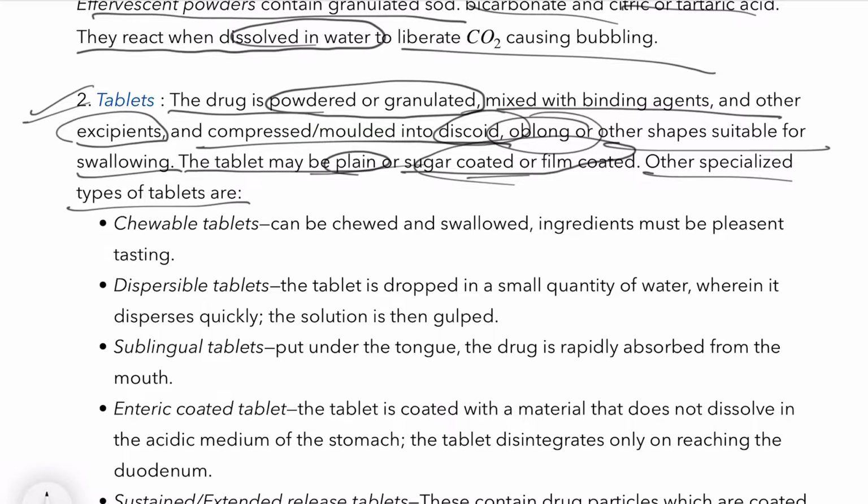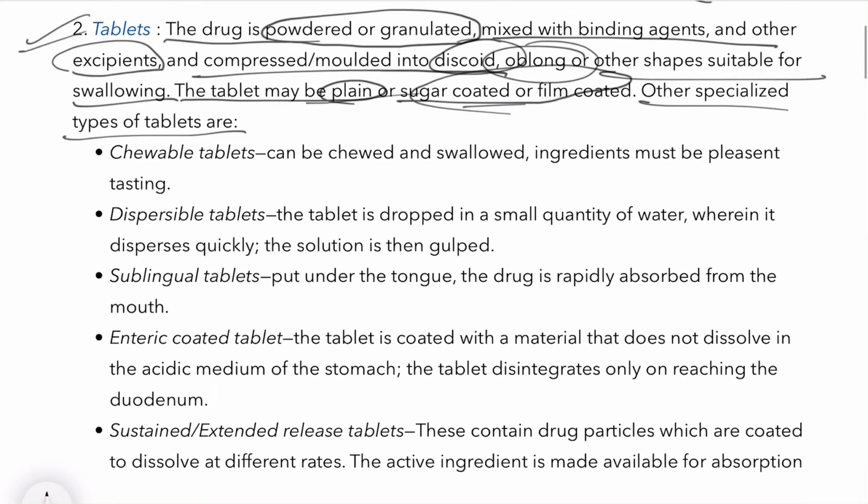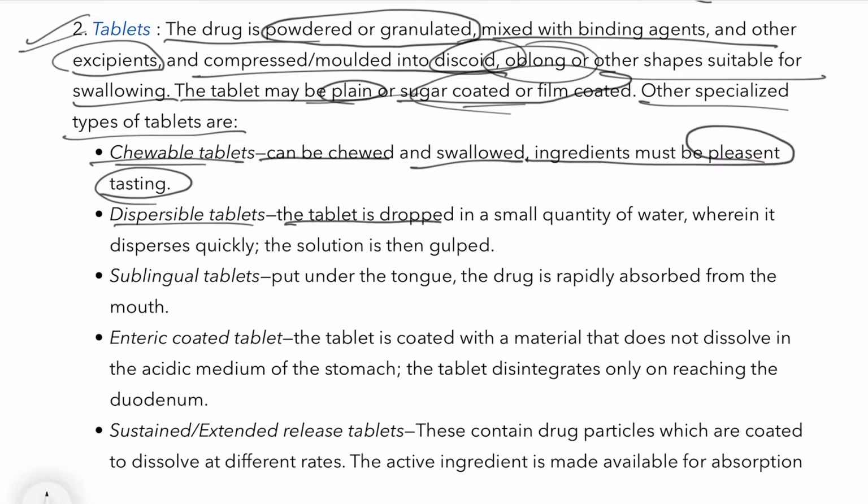Other specialized types of tablet. Now we are going to discuss types of tablet. First is chewable tablets. Chewable tablets can be chewed or swallowed. Ingredients must be pleasant tasting, that is sweet in taste, because otherwise you won't take chewable tablets. Then dispersible tablets: the tablet is dropped in a small quantity of water wherein it disperses quickly, and the solution is then gulped.